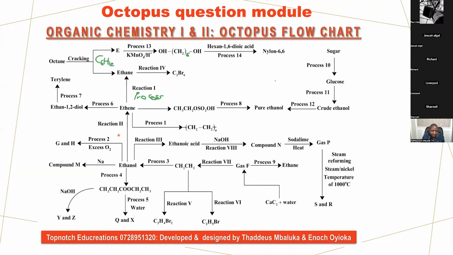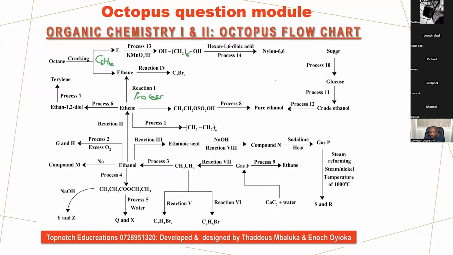So can we continue? A question, Mr. Mbaluka: is this catalyst used only for polymerization of alkenes, or generally for polymerization? For polymerization of alkenes.